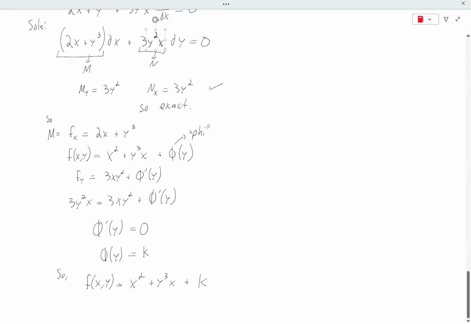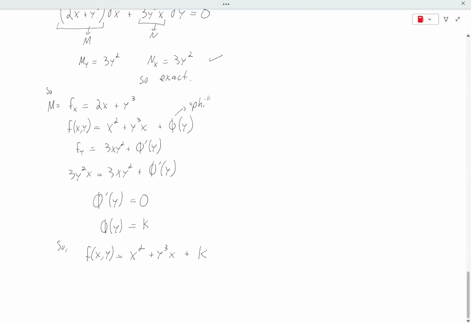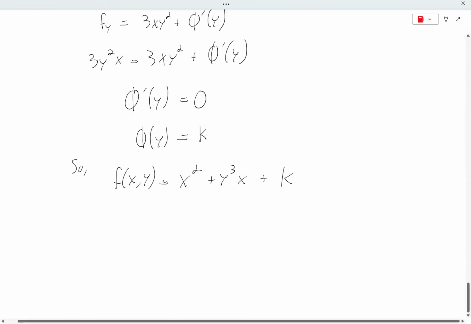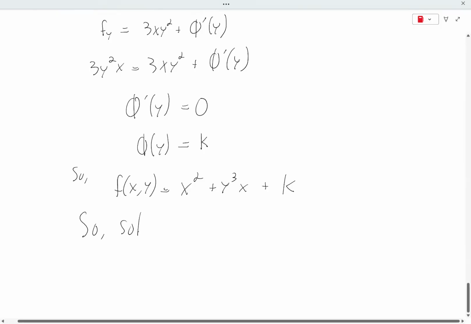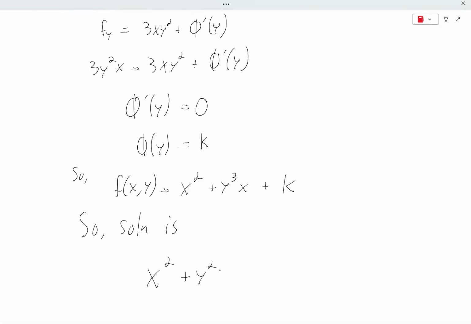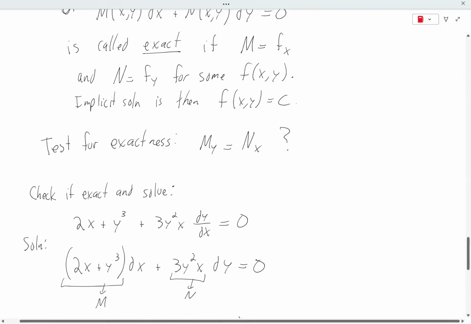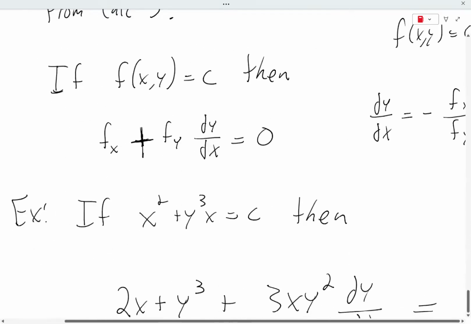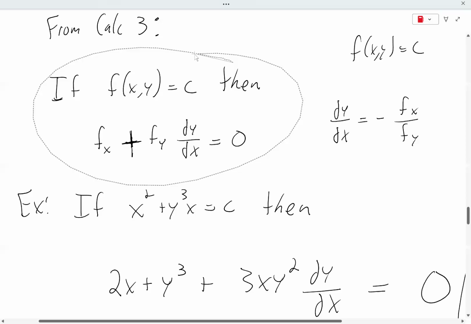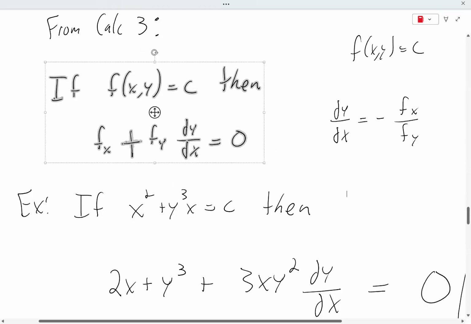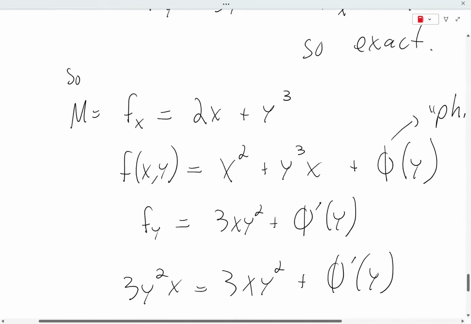So now, if you set this equal to c, remember that statement from earlier, the solution is x squared plus y cubed x plus k is equal to c.